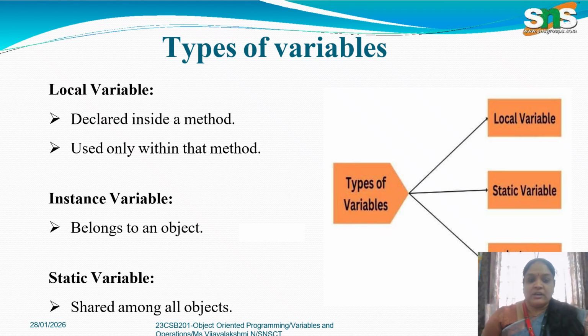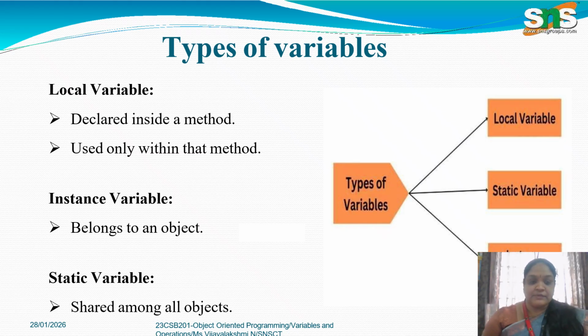A local variable is declared inside a method. A class will have attributes and methods. In each method you can declare a variable, and that variable is called local. The scope of that variable is within the open braces and close braces, in the sense that it can be accessed only within that particular method.